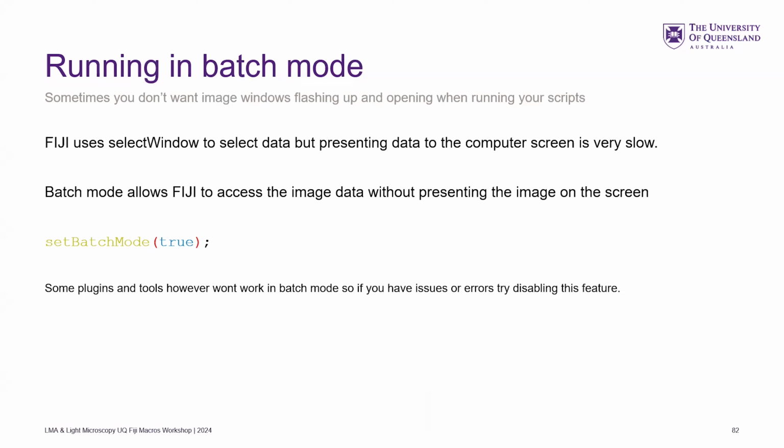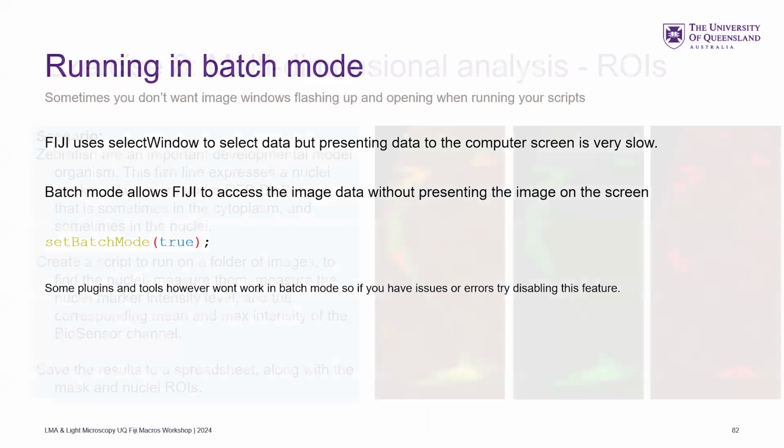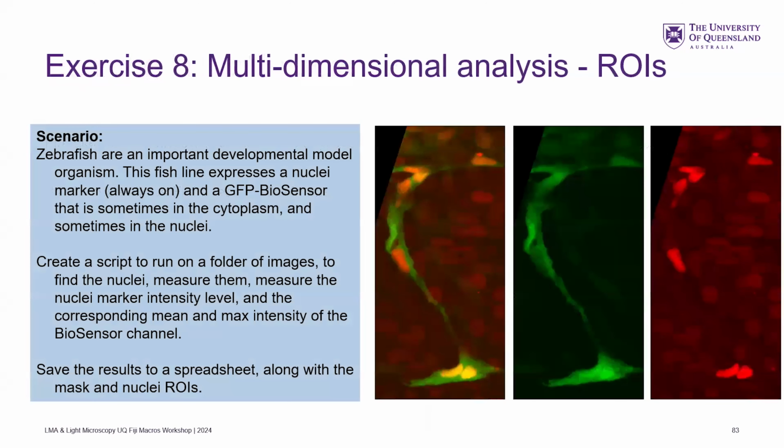You can, I'm going to say limited success, have this toggle on and off throughout your script. So you can technically turn it on at the beginning and then turn it off if you need to display something, but limited success is what I would say I've had with that. So kind of rely on it being all on or all off.